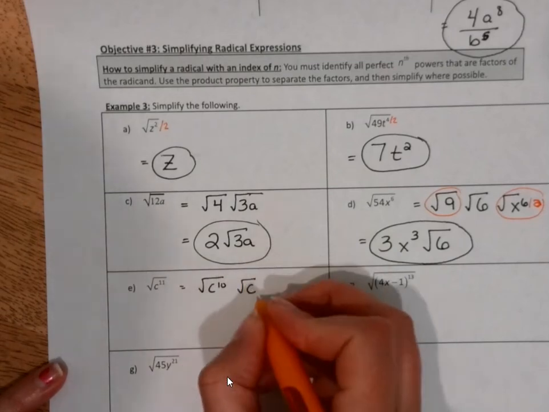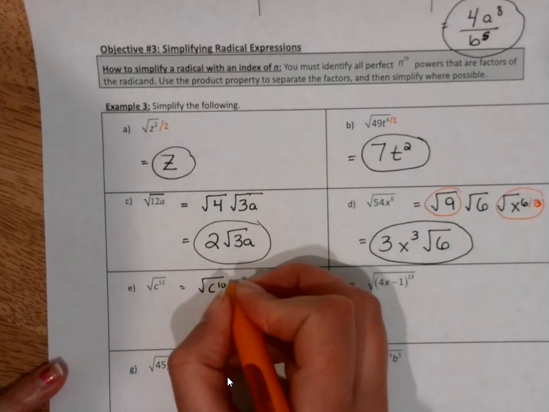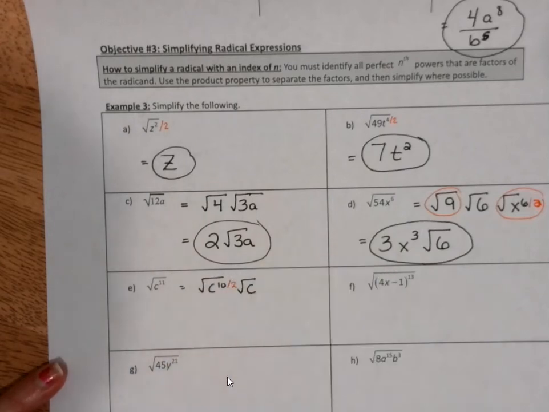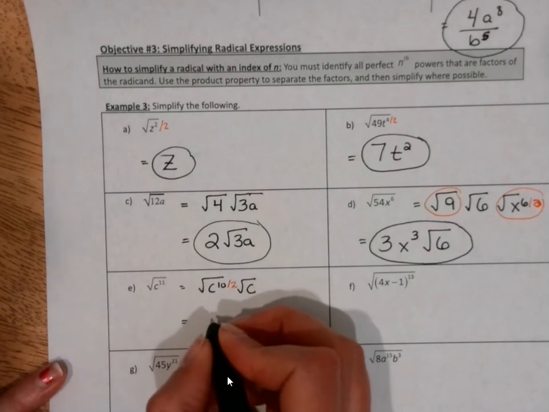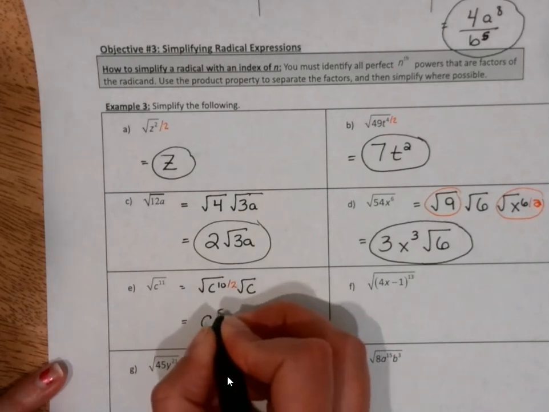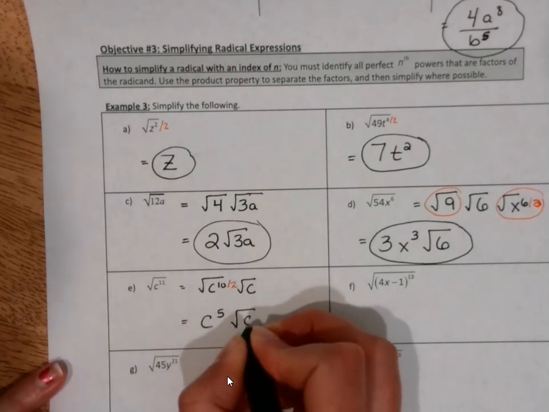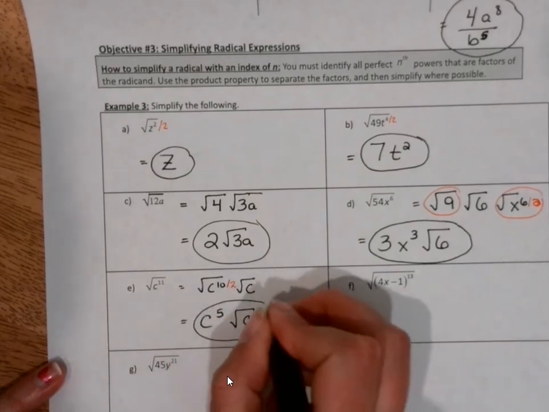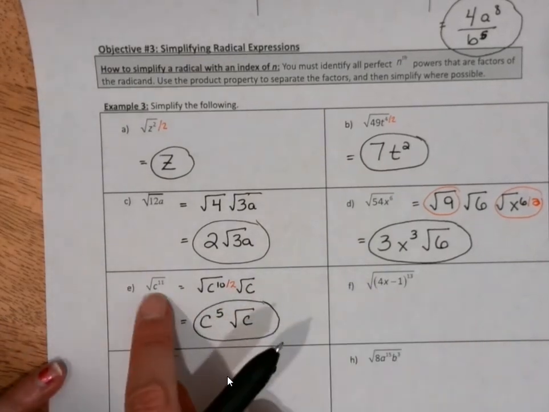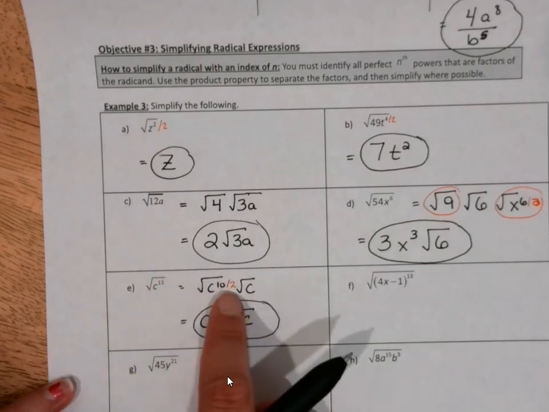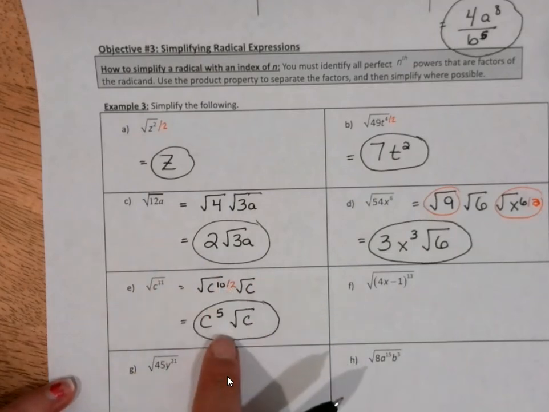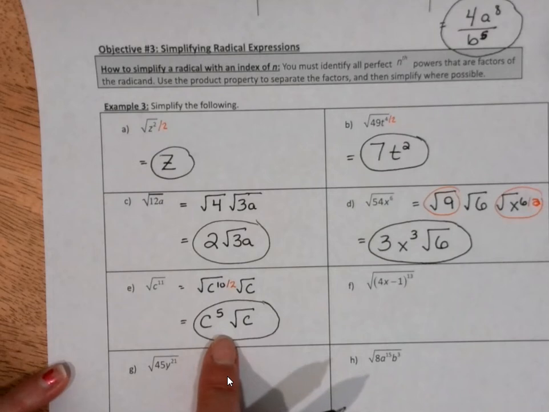So I'm taking 1 away, because that 1 made it odd. Then I can divide it by the index, which is 2. So 10 divided by 2 is 5. C to the 5th comes out, and the square root of c will be left inside. We took our 11, which was odd, pulled just one of them off because the next lower number was even, divisible by 2. Now that radical has been simplified.